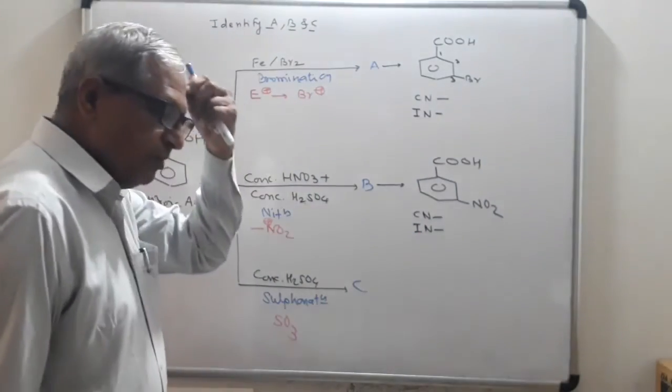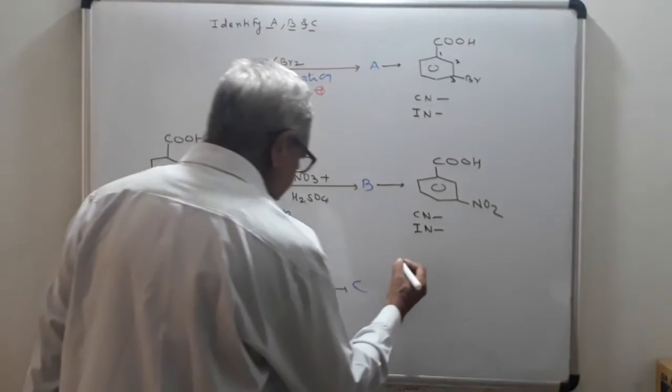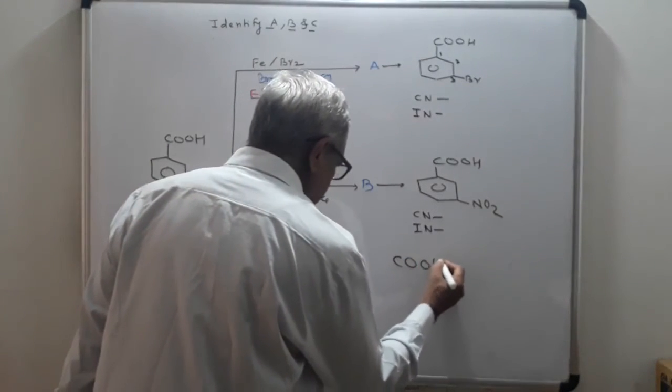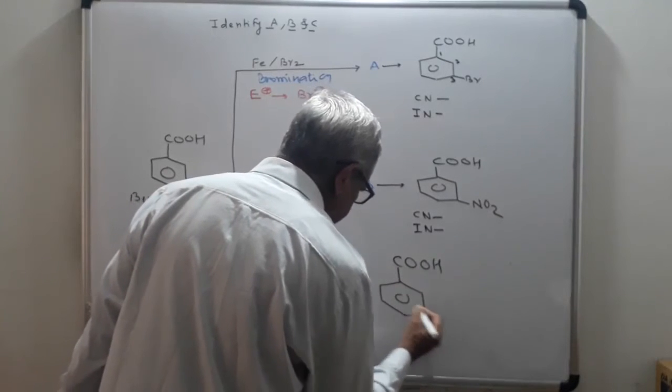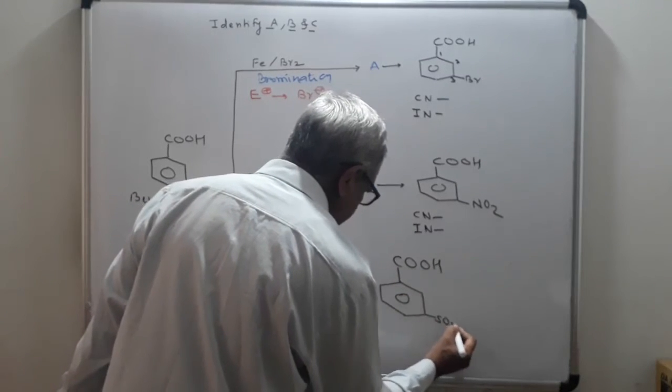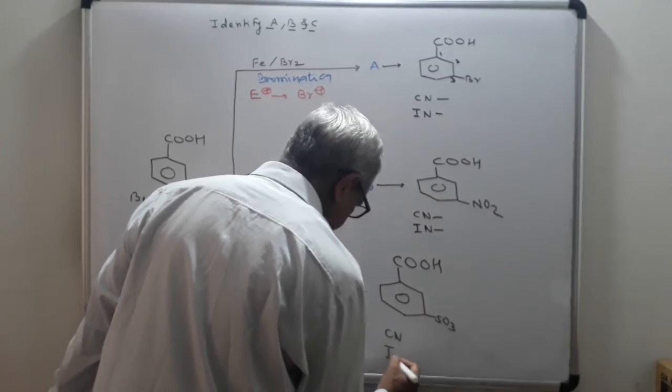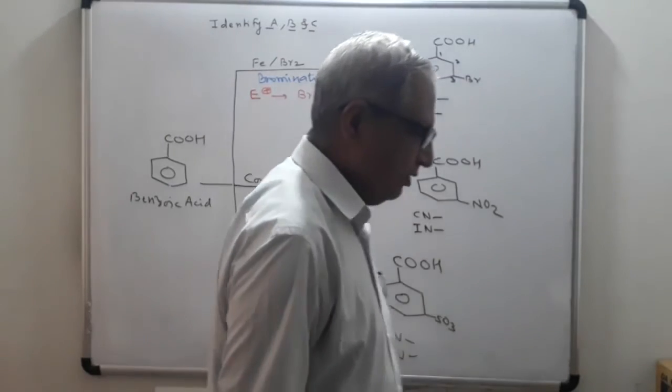This is very, very important. See the structure here. COOH, at not ortho but meta position, you will get here SO3H. Write its common name and IUPAC name. It is very, very important.